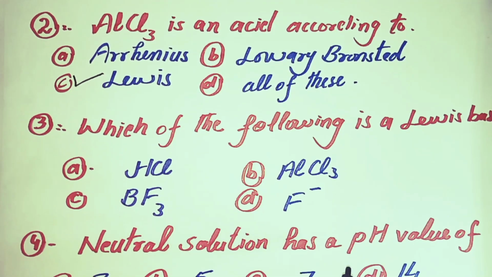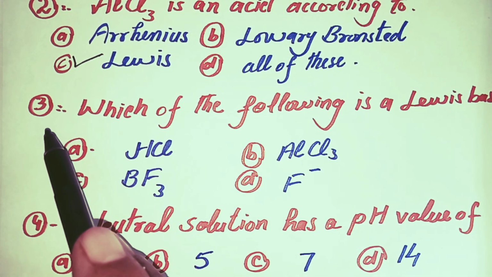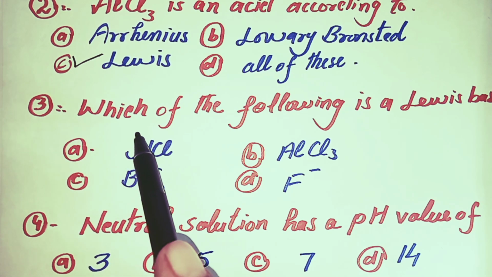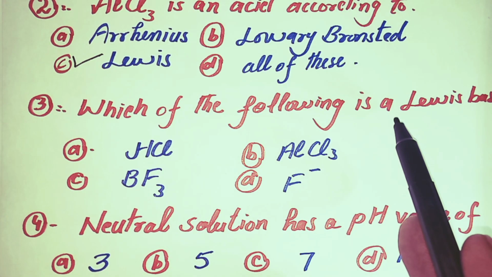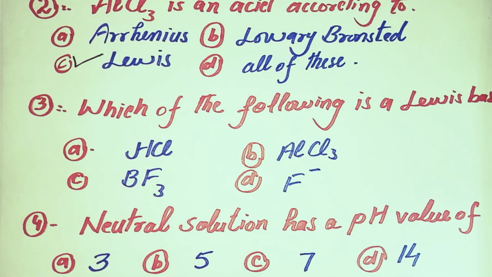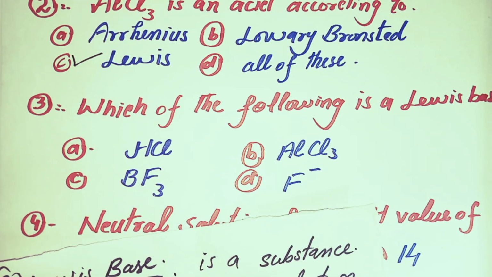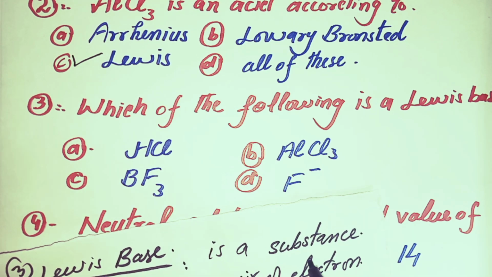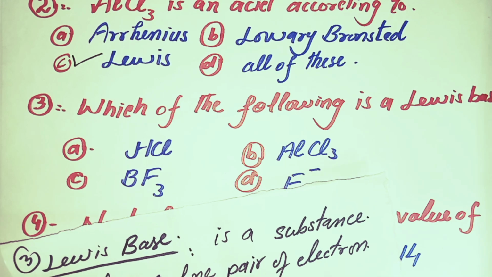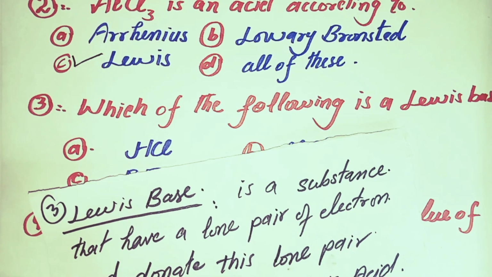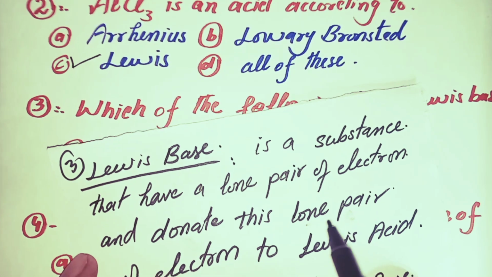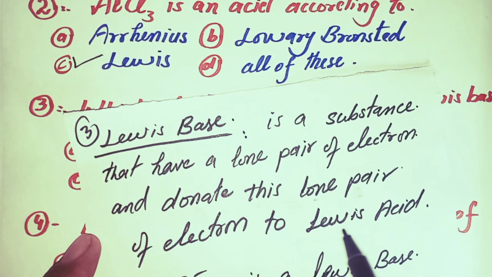Next, question number 3, which of the following is a Lewis base? So according to the Lewis concept, a Lewis base is a substance that has a lone pair of electron and can donate this lone pair of electron to a Lewis acid.